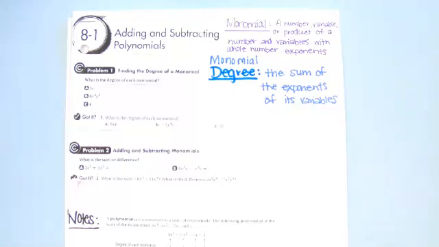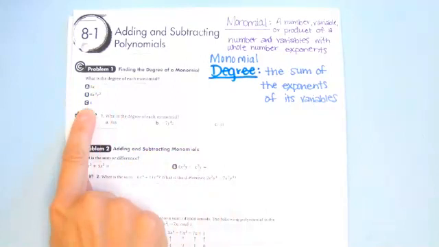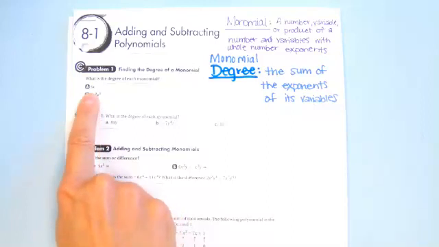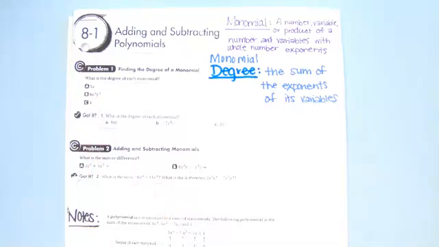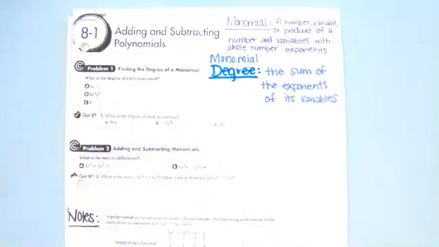So these are all examples of monomials. 4 is a monomial. 6x to the third, y to the second is a monomial because they're all multiplied. 5x is a monomial, okay? So it's one term.